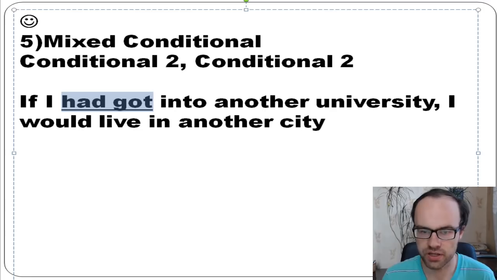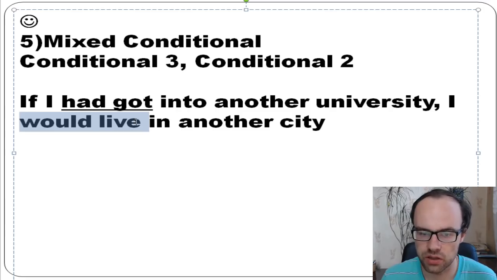If I had got into another university, but in fact it isn't true, it didn't happen, so I didn't get into another university, but it's in my imagination. We see that it's about the past, unreal, because it's a part of the third conditional. And look, I would live in another city.